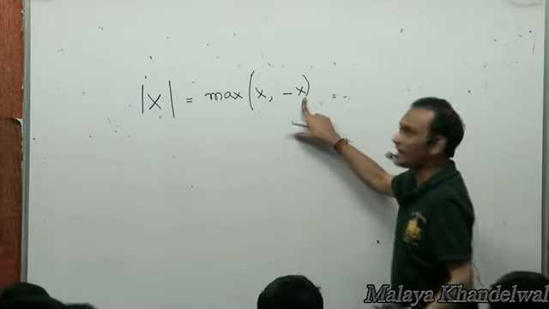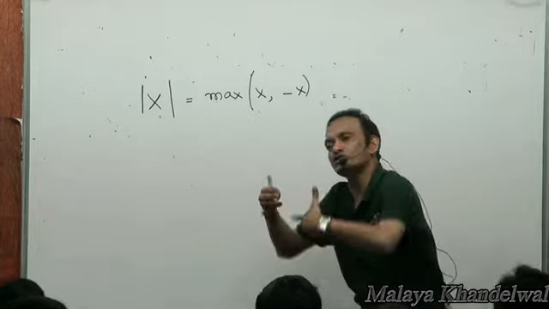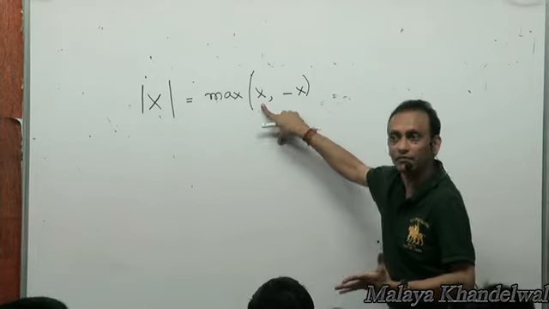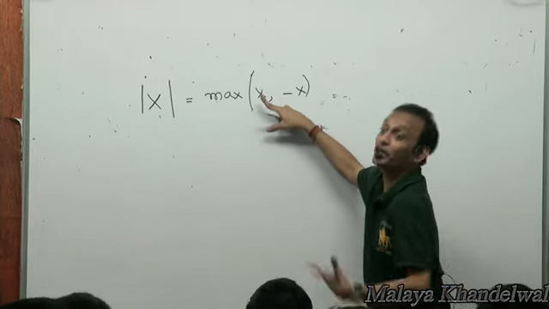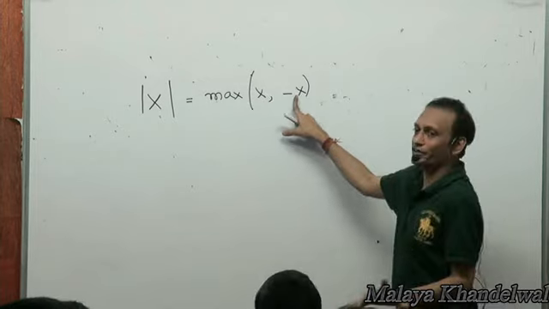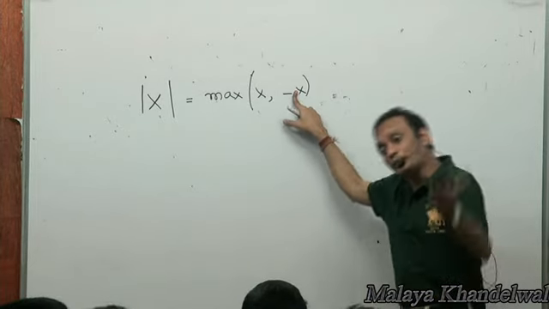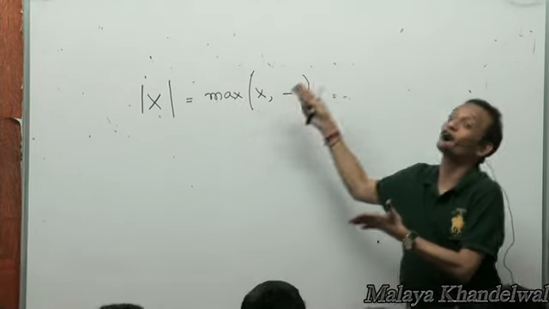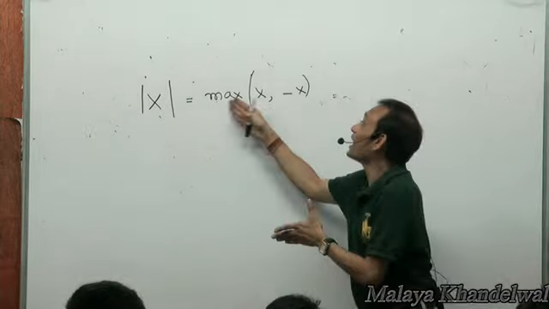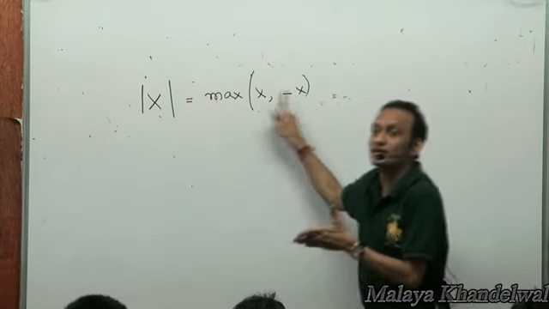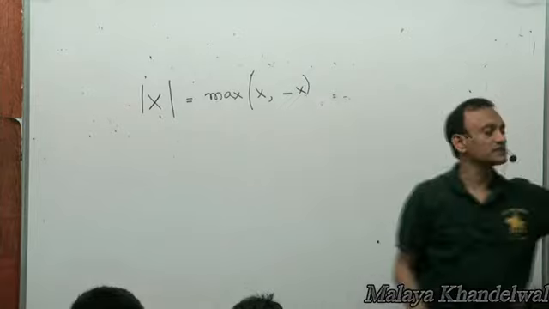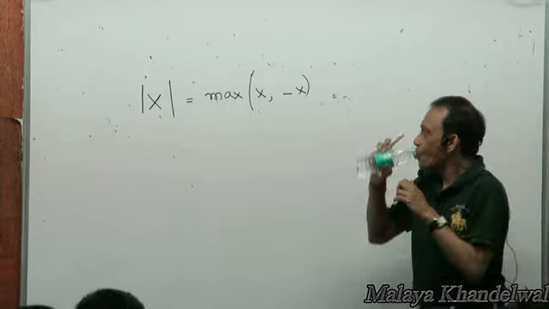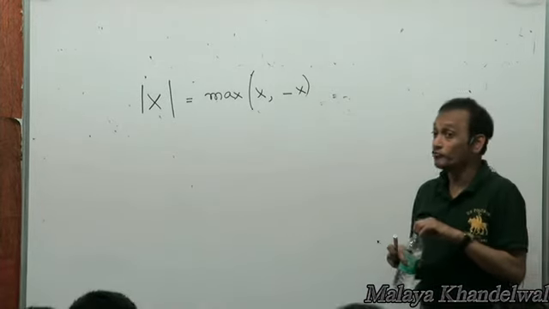Because between x and minus x, the one which is positive will be larger, and the one which is negative will be smaller. We do not know which is positive and which is negative, right? That will depend on the sign of x. But no matter what, the larger of these two numbers will be non-negative, and will therefore represent mod x. That's another way of looking at mod x. Mod x is the max of x comma minus x, meaning the larger of x and minus x. Yes or no? Are you all fine with this idea?